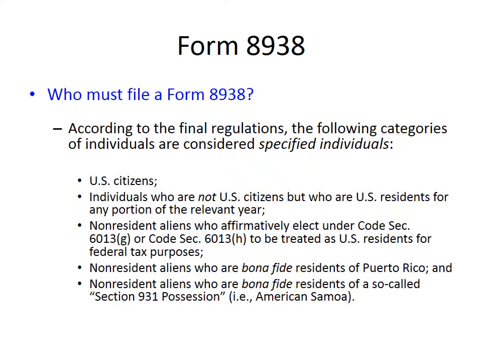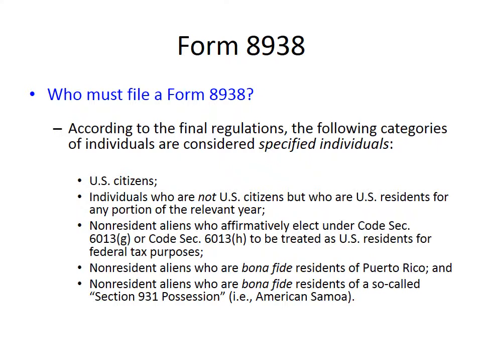And contrary to what most people might think, it's not limited to only U.S. citizens. Naturally, U.S. citizens is at the top of the list. But second, we have individuals who are not U.S. citizens, but who are U.S. residents for any portion of the relevant year.